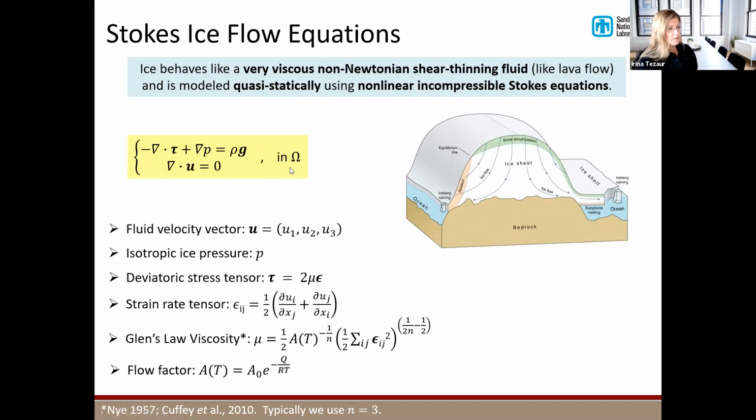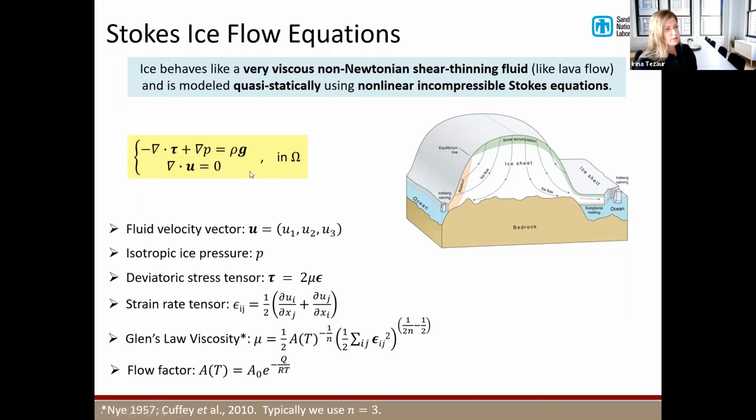The highest fidelity model out there, the gold standard model, if you will, is this nonlinear Stokes flow model. In terms of the different terms here, we have 4 unknowns per grid cell, the velocity components and the pressure. And then tau here is the deviatoric stress tensor, which is 2 mu epsilon, where epsilon is the strain rate tensor, and mu is the viscosity. If you've taken a basic fluids course, this may look very familiar, and you might say, oh, this is just simple Stokes flow.